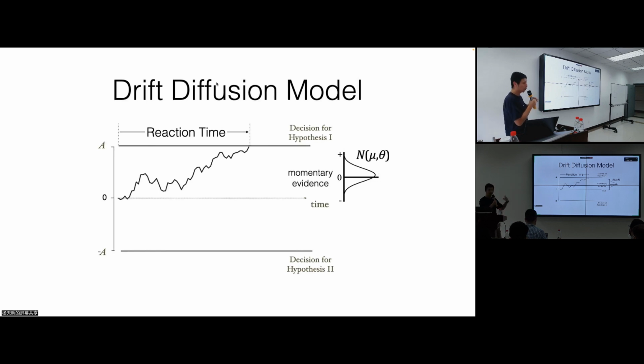So the reason we really like the DDM model is that first, it's very simple mathematically. There are a lot of already existing mathematical studies, including the physics studies, of how a particle could drift in space that we can just directly borrow.